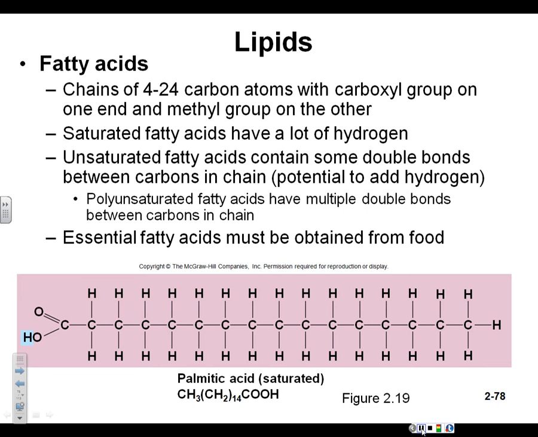So what do you think it does in your arteries after it cools back down? So how do you get hard arteries and arteriosclerotic disease? It makes the food taste better, but is it healthy for you? So again, saturated, they have a lot of what? Hydrogen. So they are unhealthy for you.